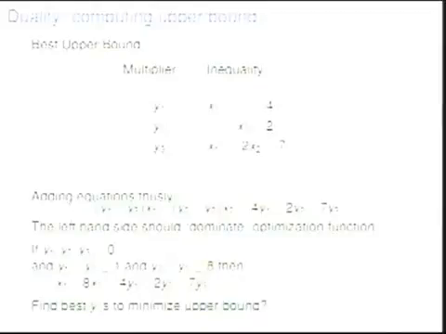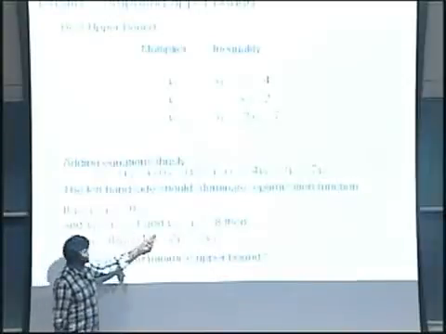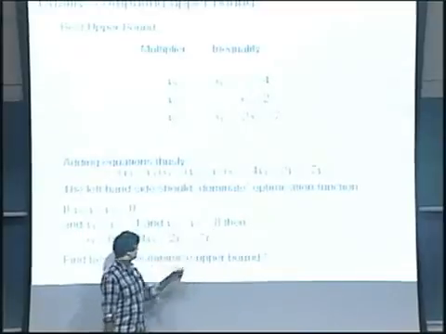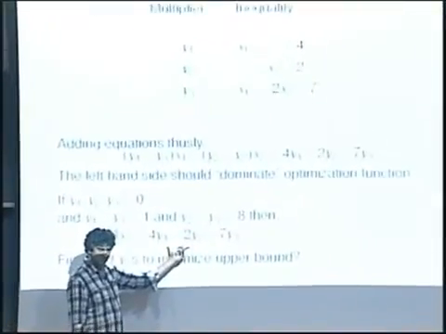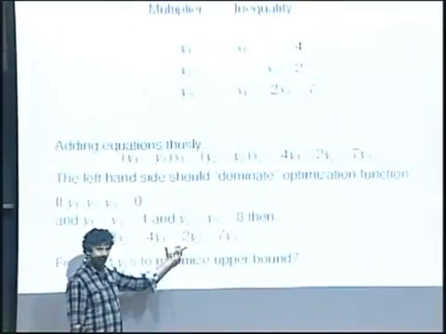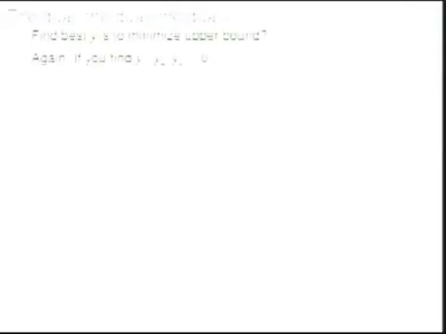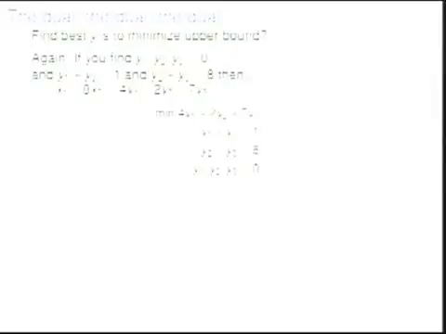It's a linear program. Right? These are all just variables. This is a linear constraint. This is a linear constraint. And this is a linear optimization function. So again, we want to minimize this right-hand side here, subject to a few constraints.